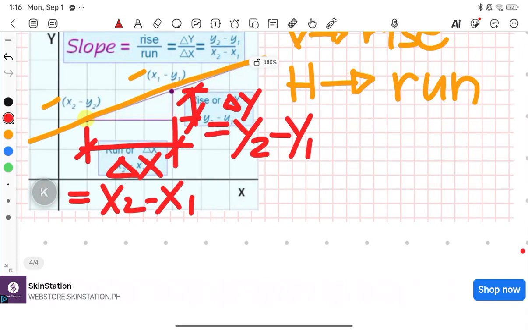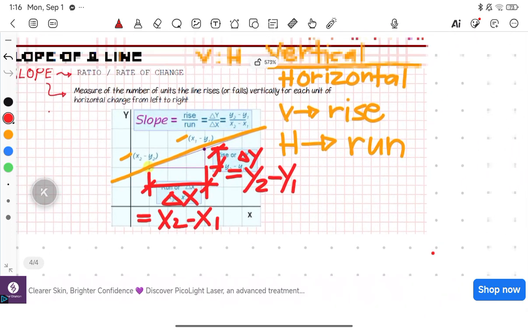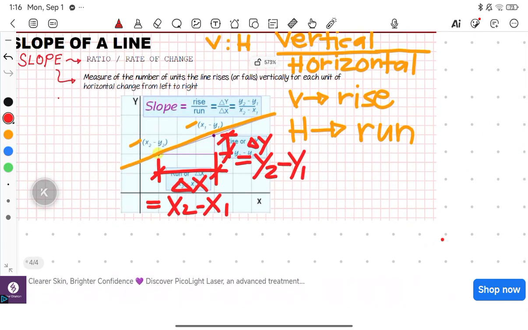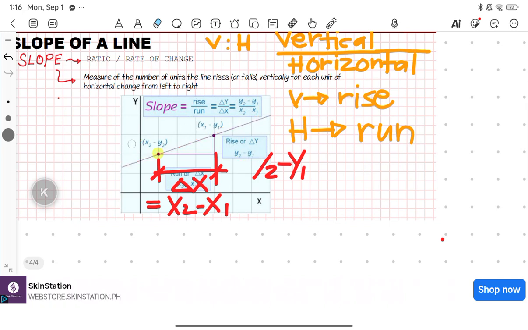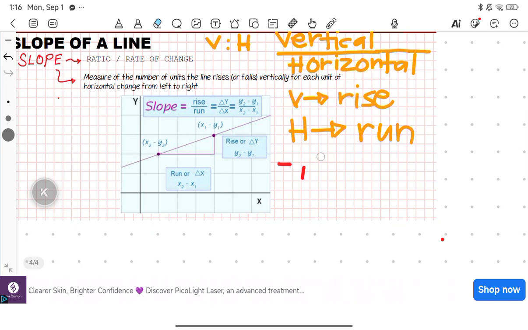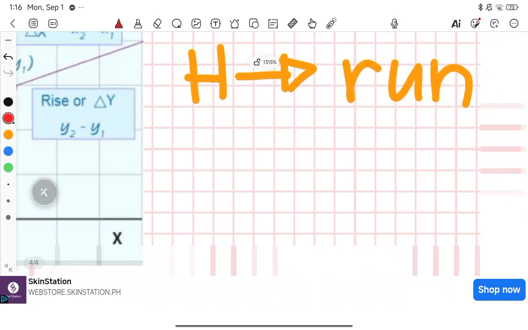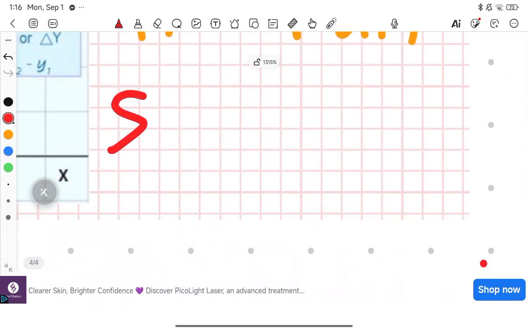So, ayan na siya from the figure. Gumulo lang kasi ang laki nung sulat ko. O sige, tanggalin natin kasi yun lang din naman ang gusto nating i-highlight, the figure or the diagram. Ayan, so you have the rise over run. And simply, how do we get the formula for slope?